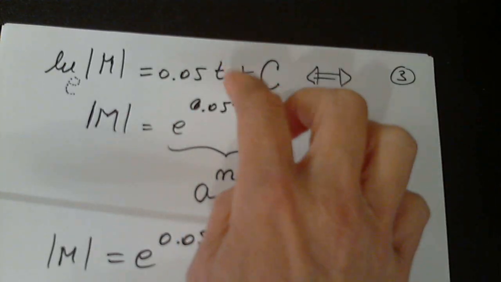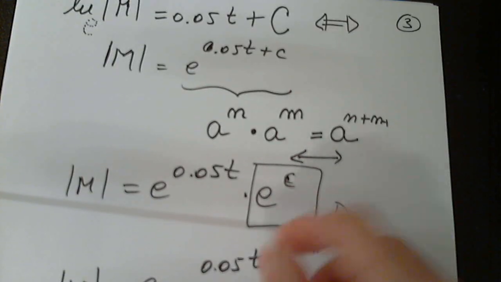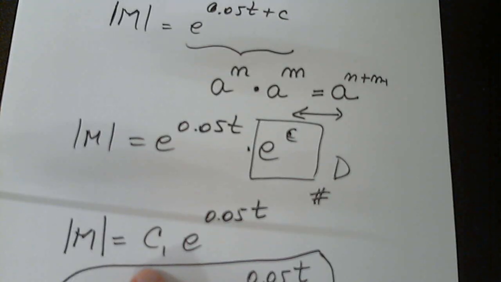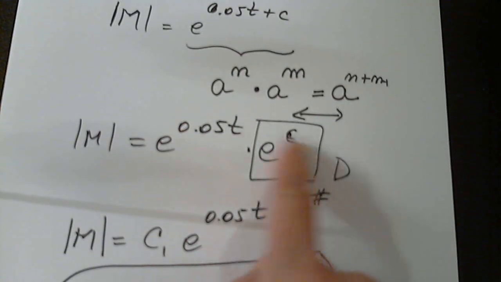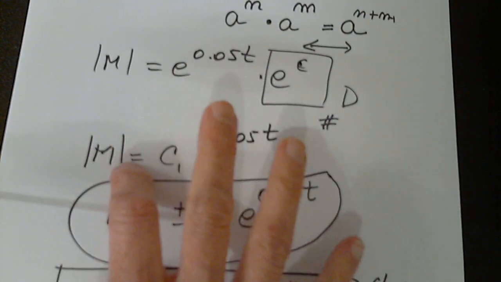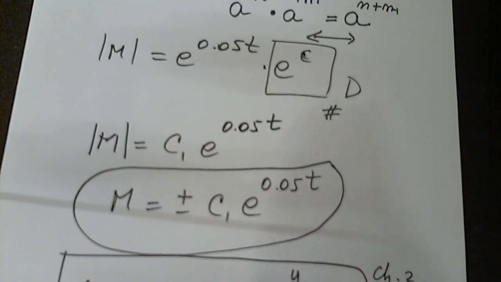So it's e to this power times e to this power. But I don't care for this because it's just a number. I'm going to rename it as C1. I copy this. This is C1. This is the absolute value. I have to remove the absolute value by putting plus or minus in front. C1 e to whatever.